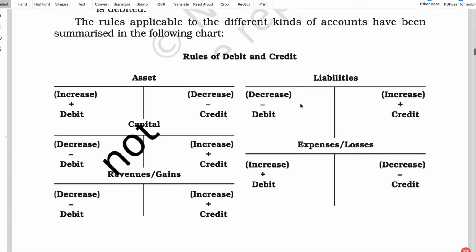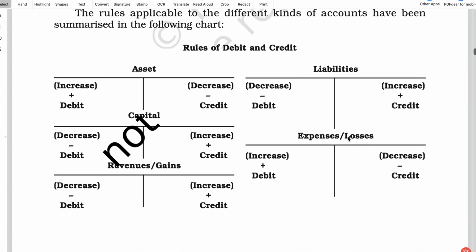If it decreases, it will be debited. And capital, if it increases, it will be credited. Decrease will be debited. All the revenues or the income should be credited. Okay, if it decreases, it will be debited. All the expenses, it will be debited. Decrease will be credited. So these five accounts you have to keep in mind. Okay, so based on this, we will do the transactions.